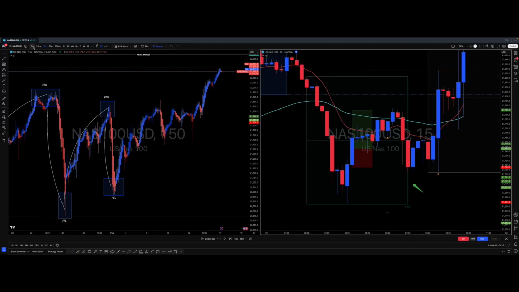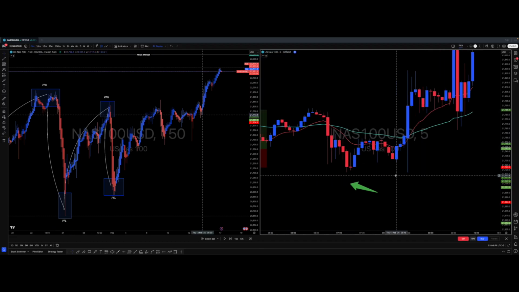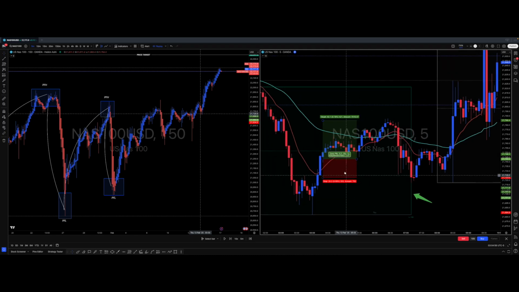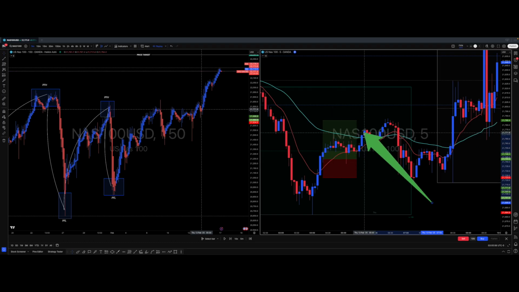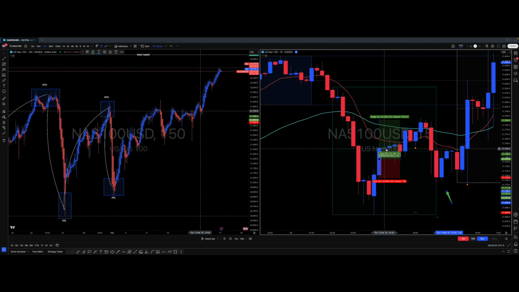If you're taking this on a 5-minute time frame, all right, let's go back. You see what happens here. You get stuck in sideways movement, and you get stuck below the 50 EMA. Now, of course, does this play out to go higher than the 50 EMA? Yes. Now, on a 15-minute time frame, though, you're waiting a lot more than you were on a 5-minute time frame. But you can see what happens here is just consolidation, consolidation, consolidation.